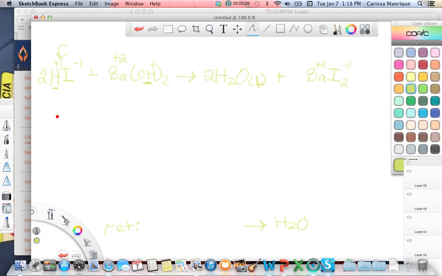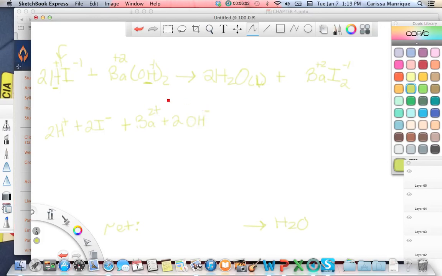Okay, so let's break it up into its ionic equation. So we're going to have 2 H+, right? Because we have 2 of them with a +1 charge, plus iodine. How many? 2 iodine. All right. Barium, we only have 1 barium, but it has a 2+ charge. Hydroxide, we have 2 hydroxides with a -1 charge.